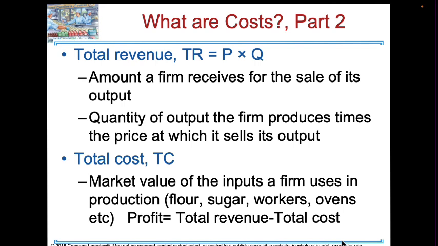So it's basically the unit price of a product times how many units you end up selling. Total costs is the market value of all the inputs that the firm uses to produce goods. And finally, profit is the difference between total revenue and total cost.